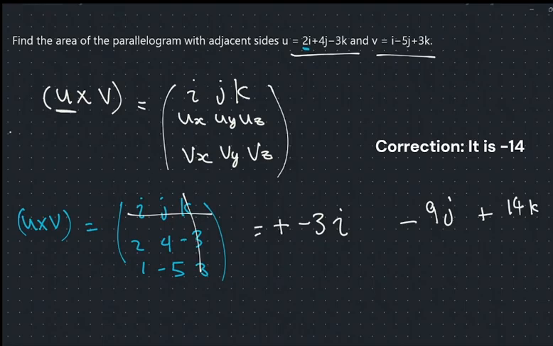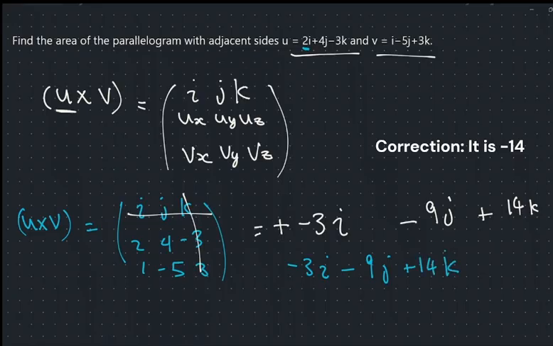So after all of this, let me erase all of this here. We will get our final vector that represents the area of a parallelogram. But we're not done yet, so I will rewrite it here: -3i minus 9j plus 14k.